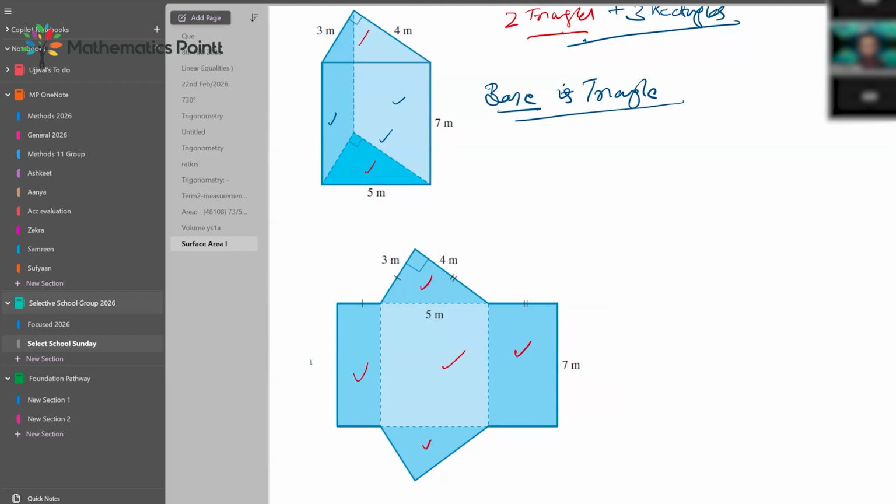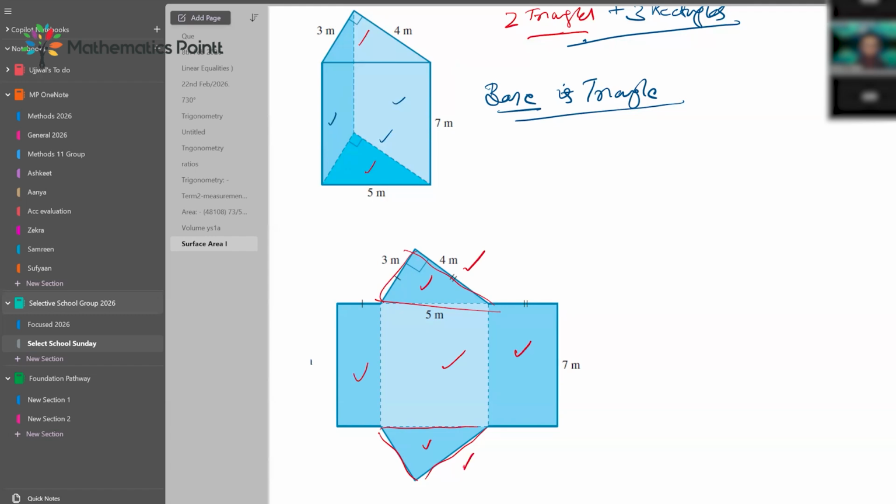So the surface area of this triangular prism should be very, very straightforward. If I find the area of these two triangles, they are exactly the same. So if you find the area of this triangle, times it by 2.